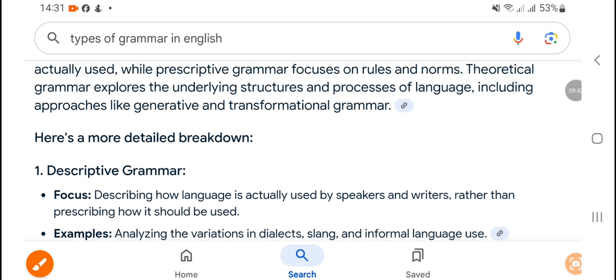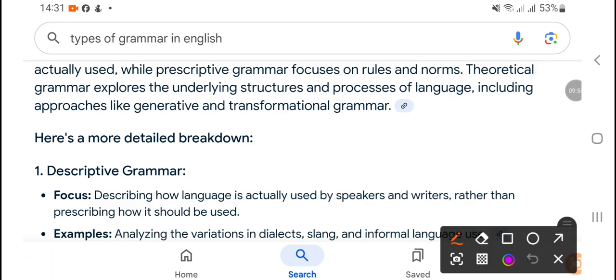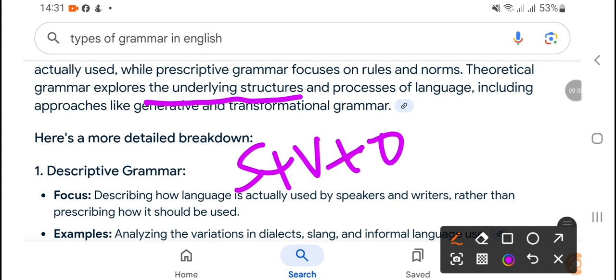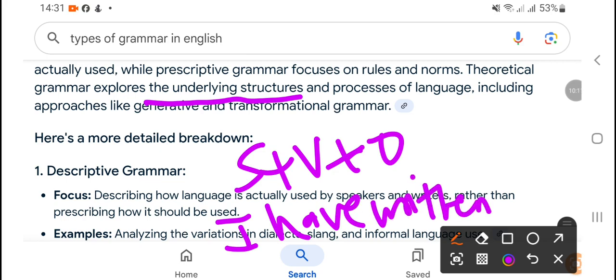Okay. Now third grammar is theoretical grammar. Theoretical grammar is based on theories, explores the underlying structures and processes of language. Suppose here if I say that I have written a book.